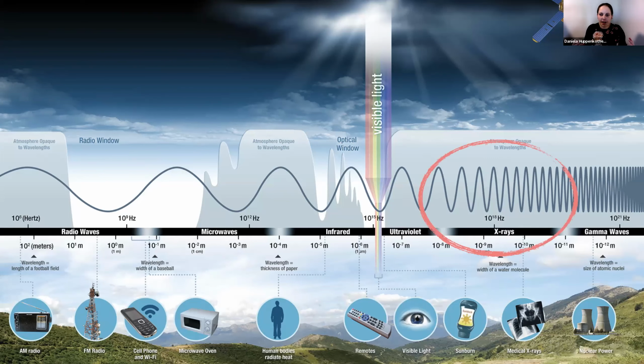And one thing that is maybe useful to know is that X-rays don't come through our atmosphere, which is good for us because X-rays are not particularly healthy, but that means we need to send telescopes into space. So all of the data that I'm going to show you in this talk comes from space telescopes from NASA or the European Space Agency.